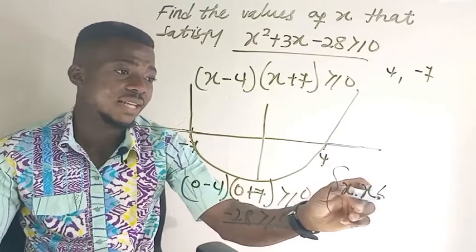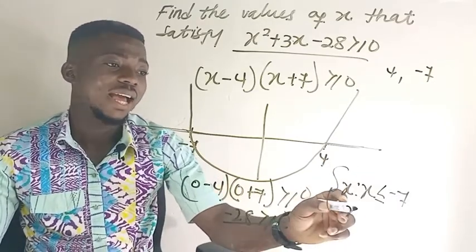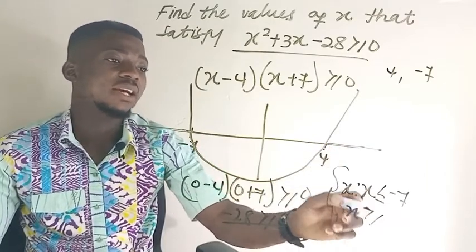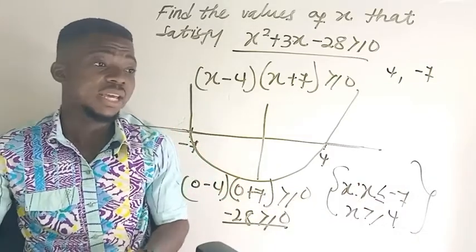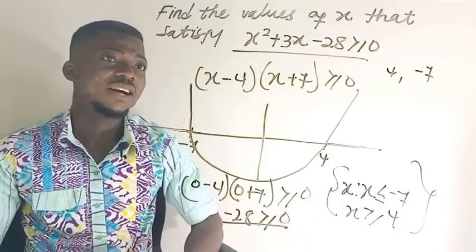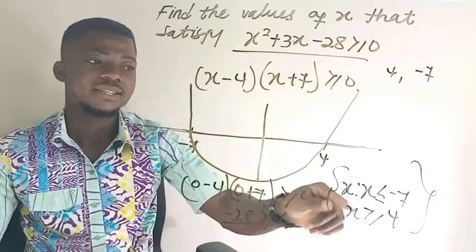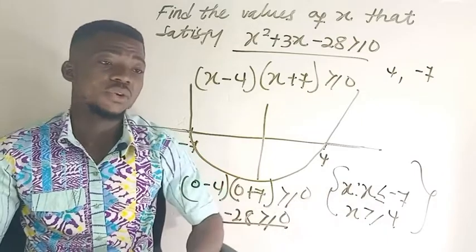So X is less than or equal to -7, or, going here, X is greater than or equal to 4. All right? So that is going to be the range of values for this inequality: X is less than or equal to -7, and X is greater than or equal to 4.